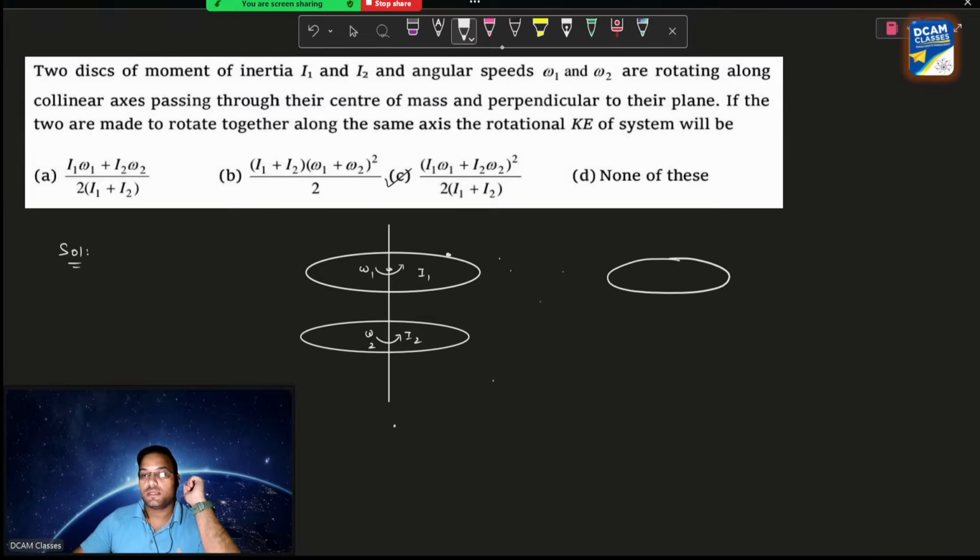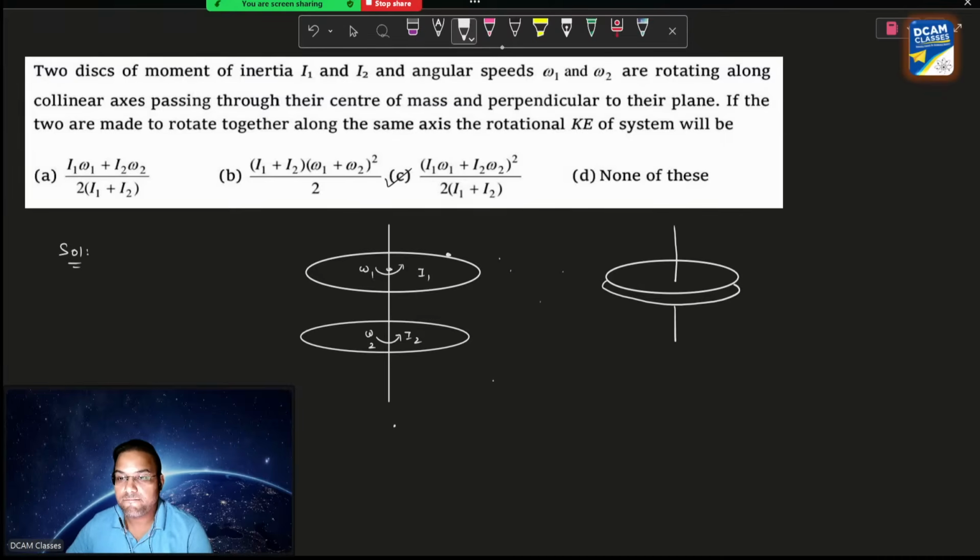Now, they are combined like this. So now they are combining with a combined angular velocity.